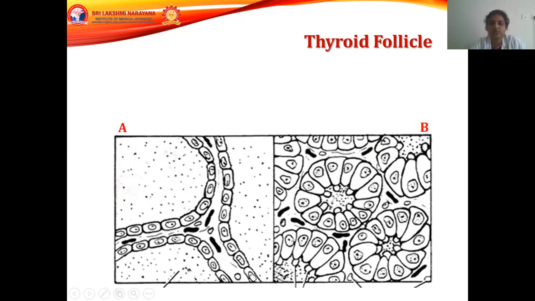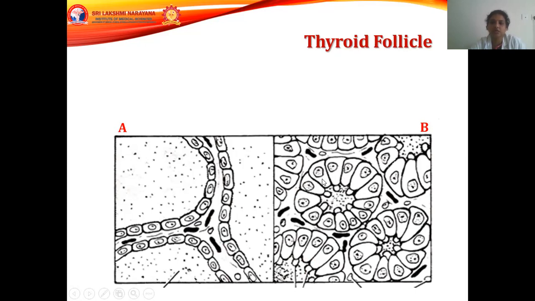And in the other compartment, follicle B, the follicles are quite small when compared to A, the colloid material is very less, but the epithelial lining is made up of cuboidal cells which are quite larger.